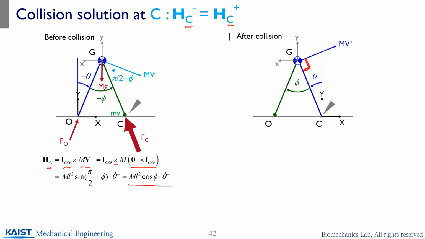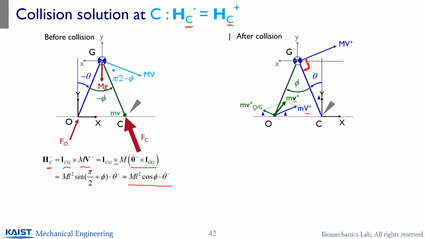How can we figure that out? It's the vector sum of the relative velocity of the swing foot mass with respect to the center of mass, and the velocity of its reference point, which is capital V plus. If you add them up, you will have mv plus.